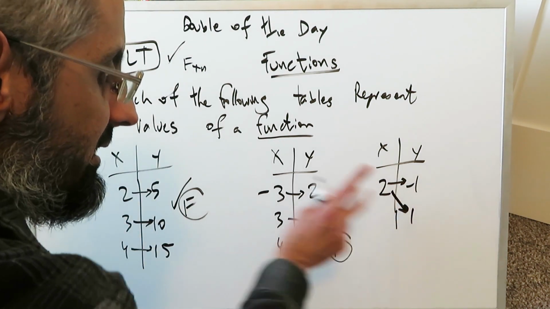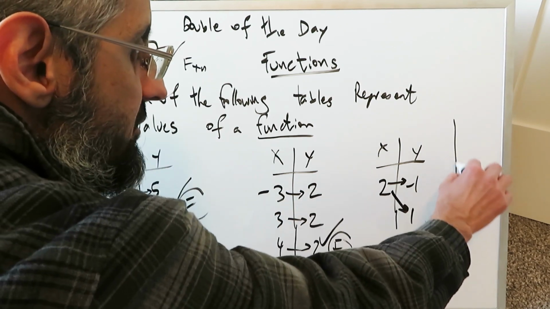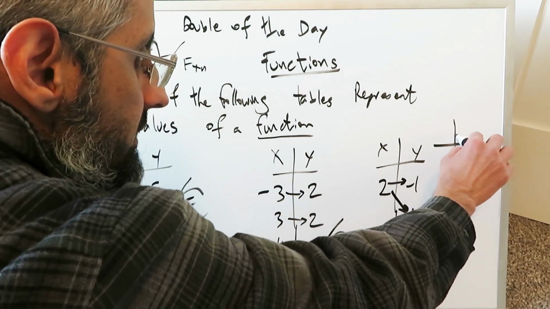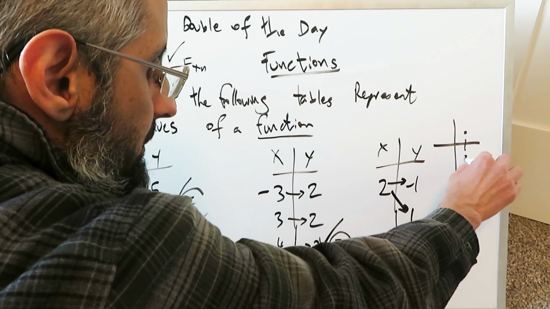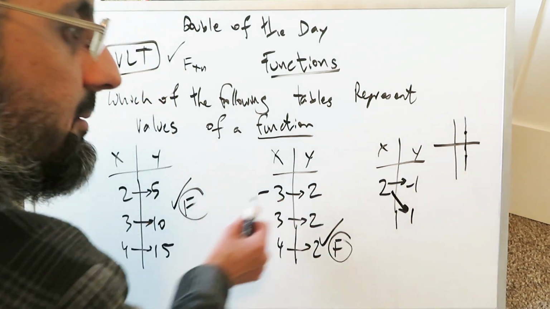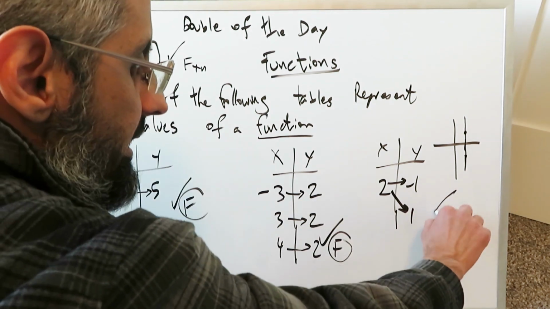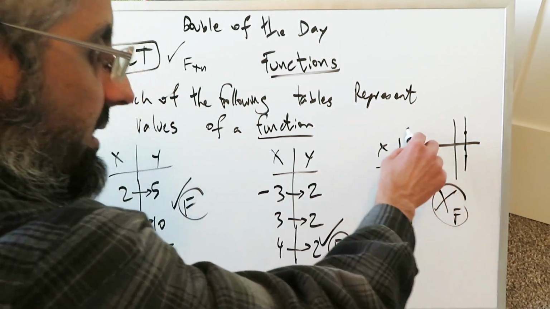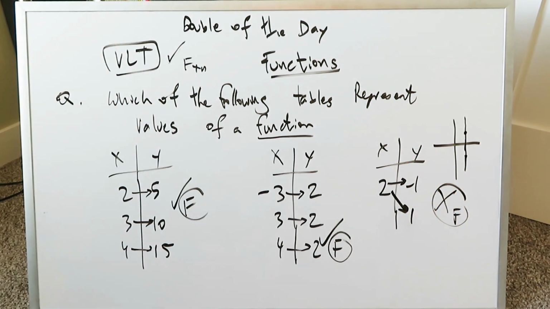You have a single x value giving rise to two y values. If you were to graph it, you have a 2, here you have a 1 and a 2 and a -1. If supposedly that were your curve, a vertical line would cross this at more than 1 point, and this right here would not be a function. So this table does not represent the values of a function, but these two over here do.